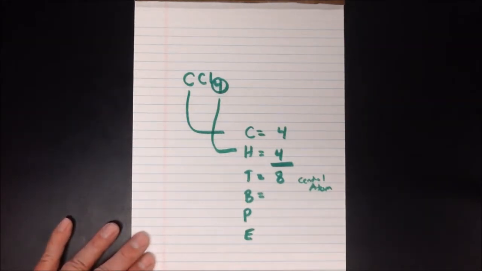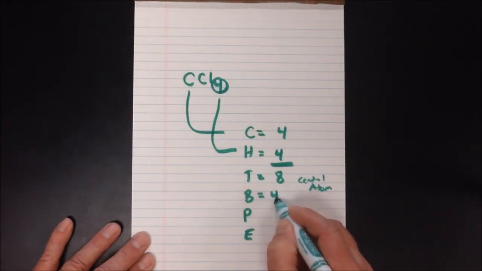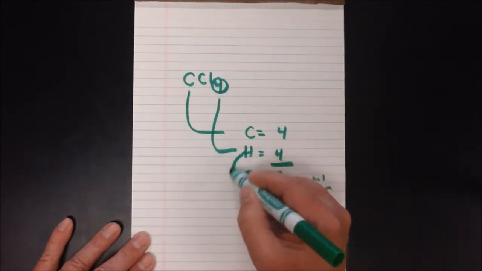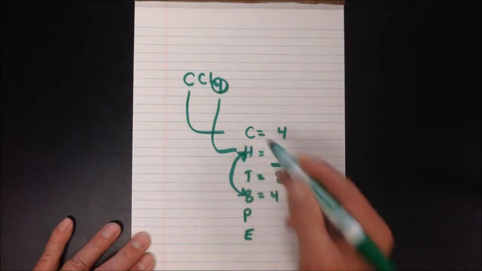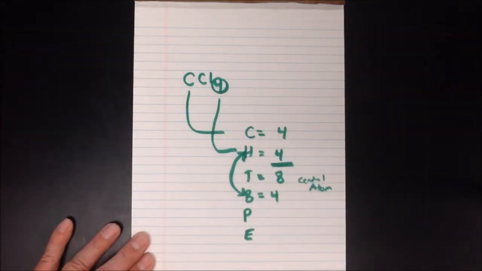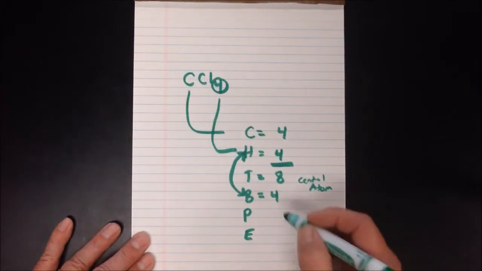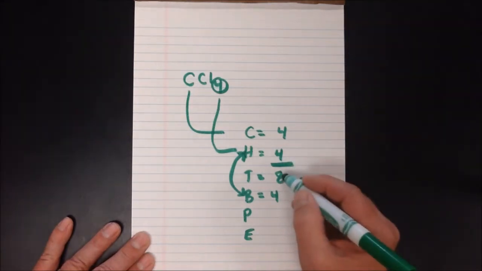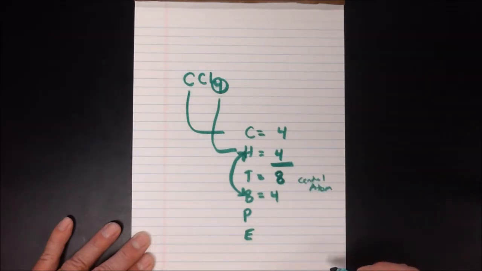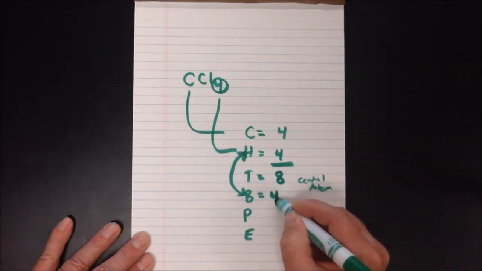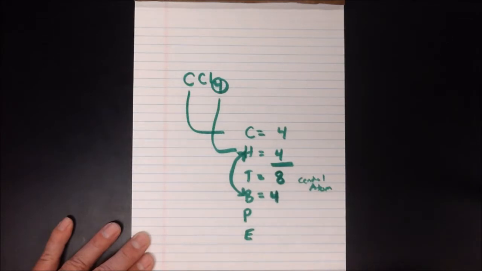B is the number of bonds. With our externally bonded halogens, we're going to have all single bonds. So these two numbers are actually going to be equal in this process. So if there are 4 bonds, and then we go back to our central atom, there were 8 total electrons, and there are 4 bonds.